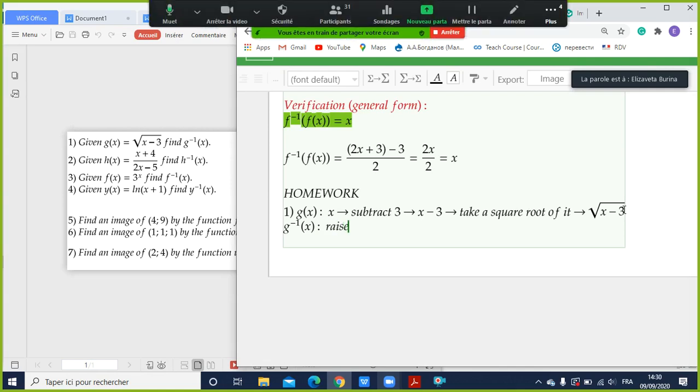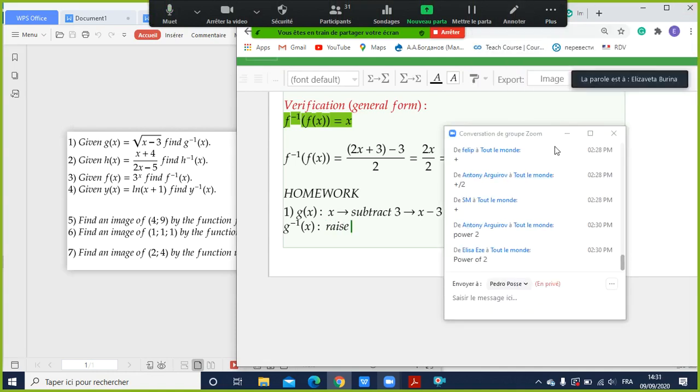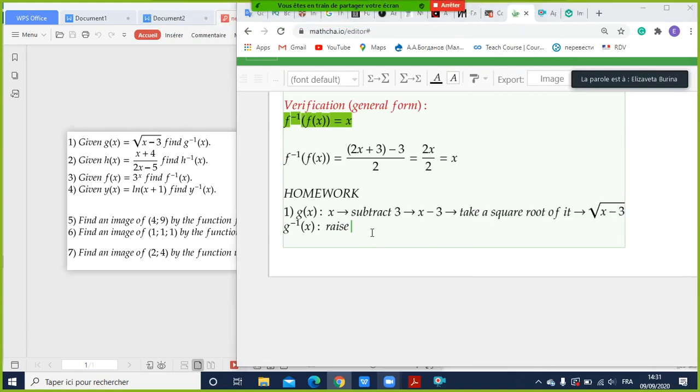So let's say raise to the power 2, yes. Cool. First we take our x, and then we raise it to the power of 2.